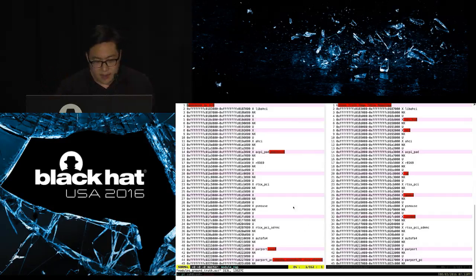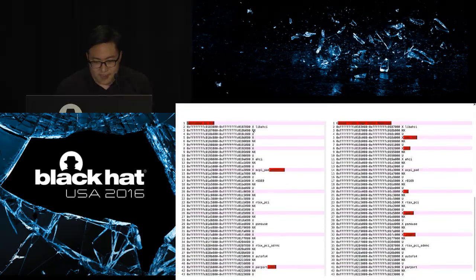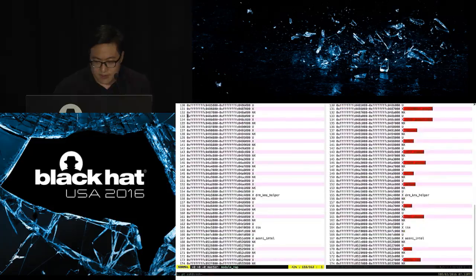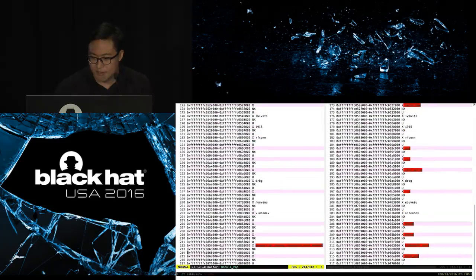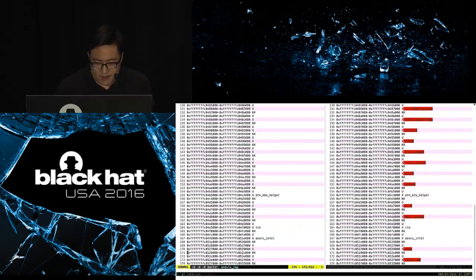Please focus on the address and the permission part. So I will move down. You cannot see any red mark on the address or permissions. So DRK can get exact mappings and exact address information, the same as the page table, through the attack.